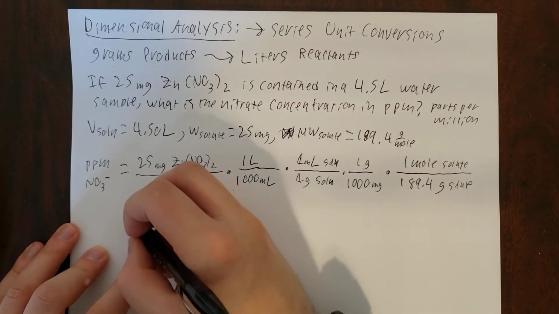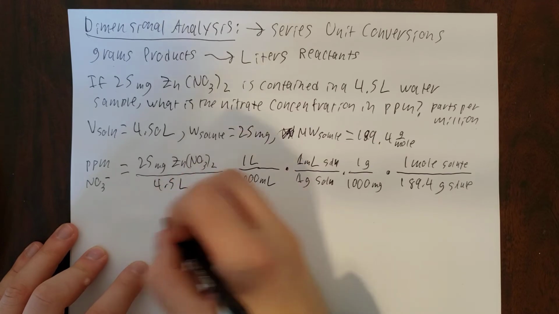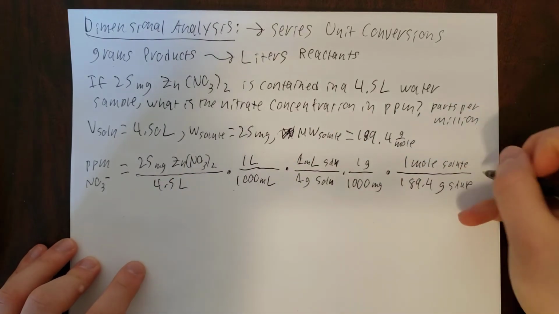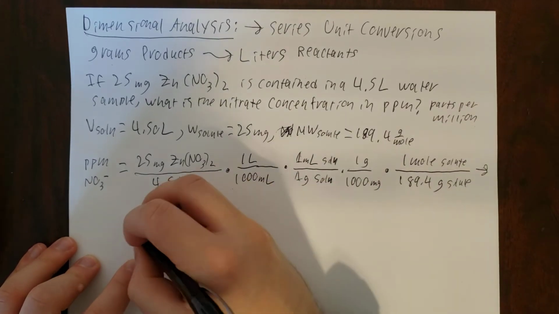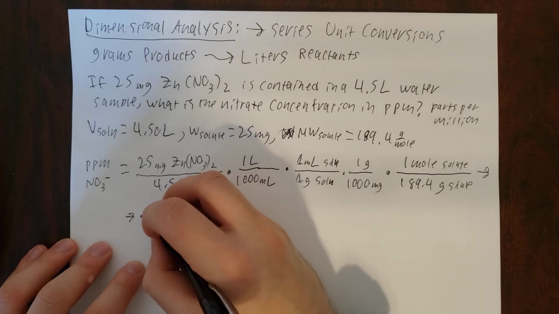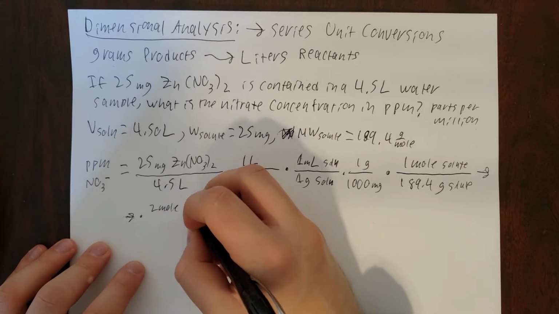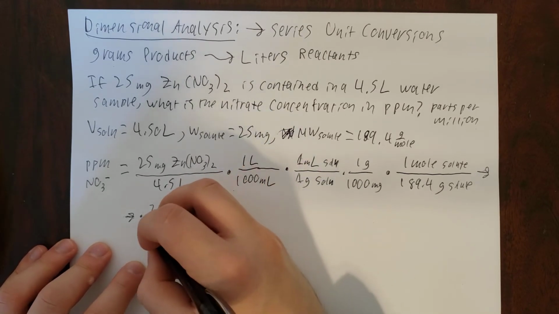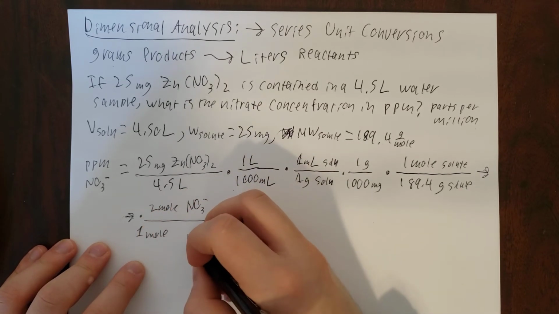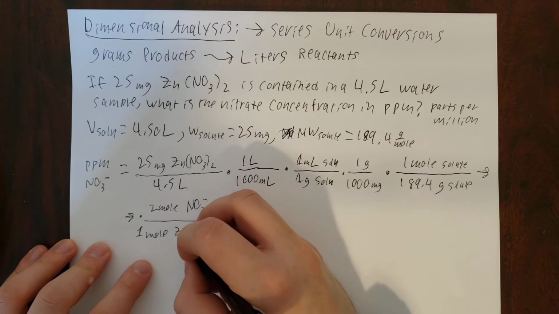Then we can take that, and I'm just going to continue on this next line. We multiply that by 2 moles of the nitrate anion per 1 mole of the solute.